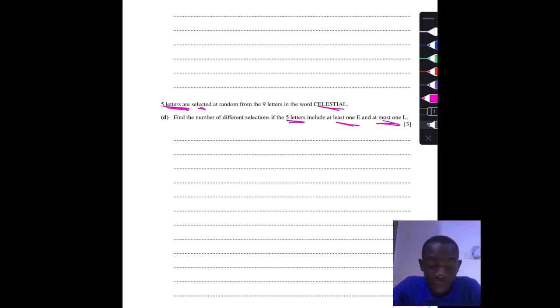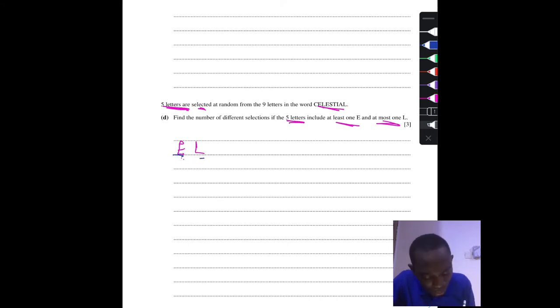Okay, so 5 letters. Let's start with the restriction itself. It's good to begin from there. So let's go with 1 E, 1 L. So 5 letters, we have our E and then we have our L. Now that means that we are left with 3 more slots to fill.